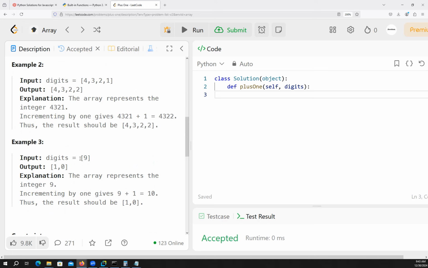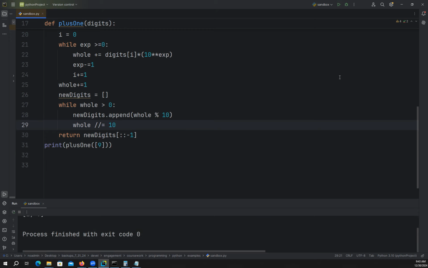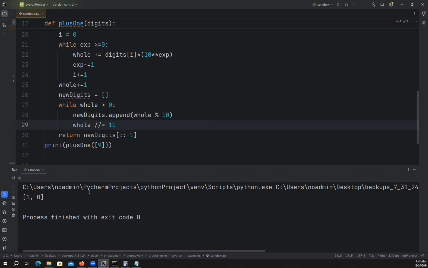Yeah, let's do this one, the 9 to 10, because it's a telling one. Plus 1, 9 should become 1, 0. And we have the magic. The magic has happened. Outstanding.